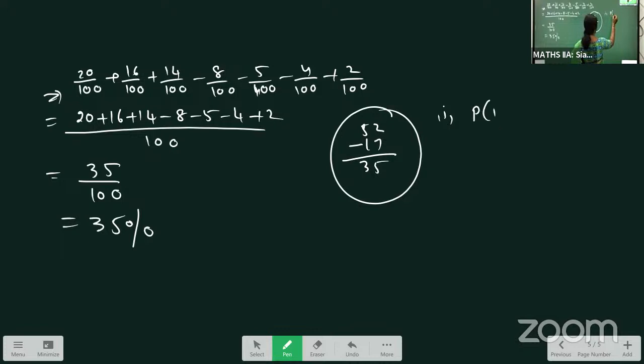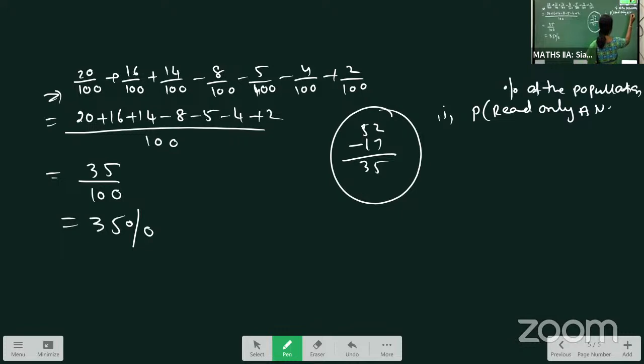Probability of read only newspaper A. Percentage of the population who read only A paper, A newspaper. You can say only A newspaper 20% is given. Now what is there new in this to find?